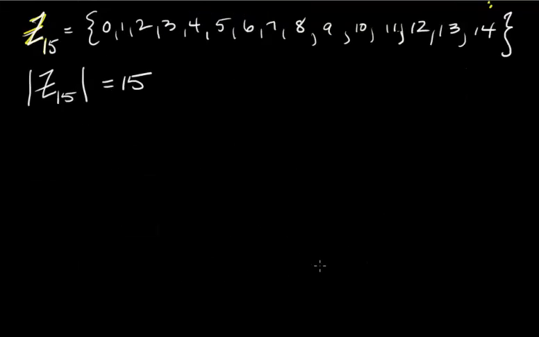Now for our Z groups, we know that the operation is addition mod 15. These are nice little abelian groups. The order of Z15 is 15.